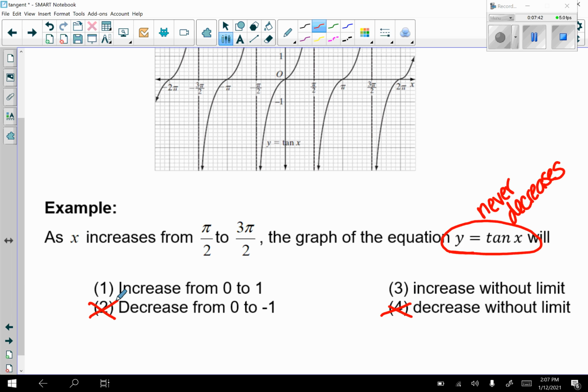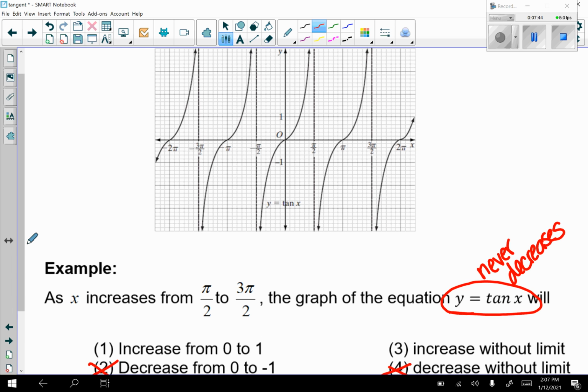Now, I have a picture of the graph up here. If you didn't, you would just sketch a little picture. That's why it's important that even though you don't graph perfectly, you are able to sketch a picture of the tangent function. They're specifically talking about x going from pi over 2 to 3 pi over 2. So that's from here to here.